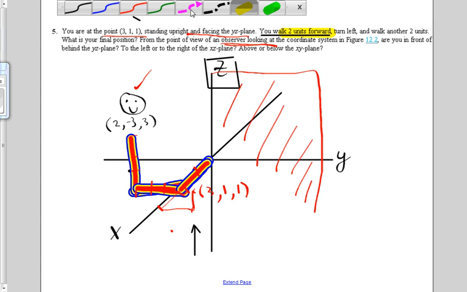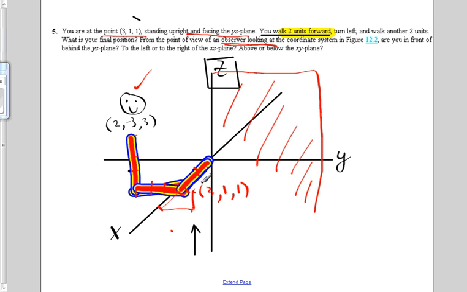So let's use this to talk about my new position. I was at the point 3, 1, 1. I'm going to walk 2 units forward. And that brings me to the point where my X value is reduced by 2. So instead of being at 3, 1, 1, I'm now at 1, 1, 1. And then I'm going to turn left and walk another 2 units.